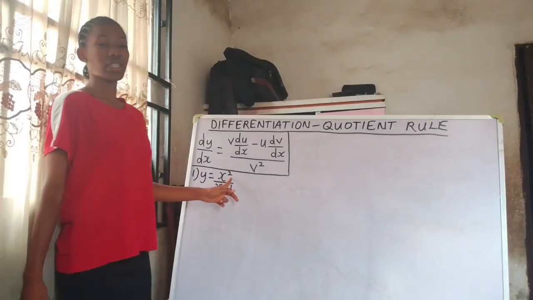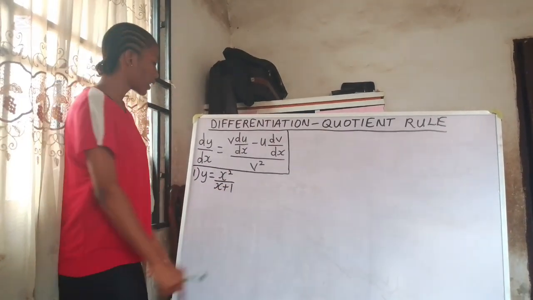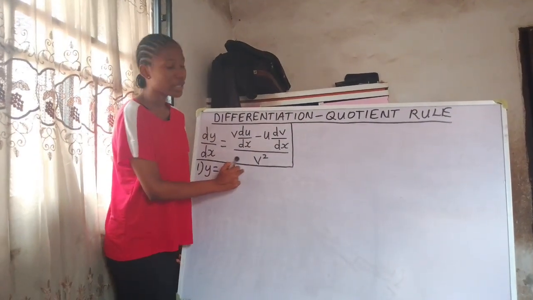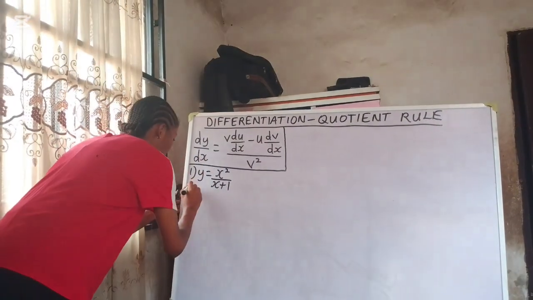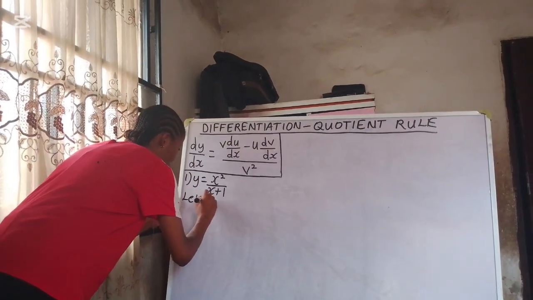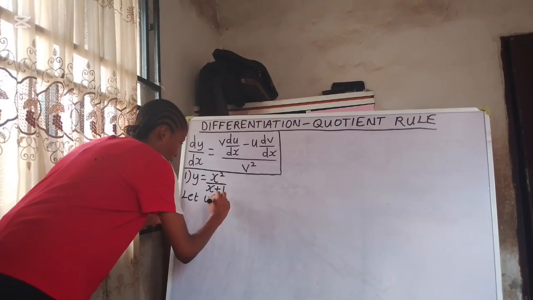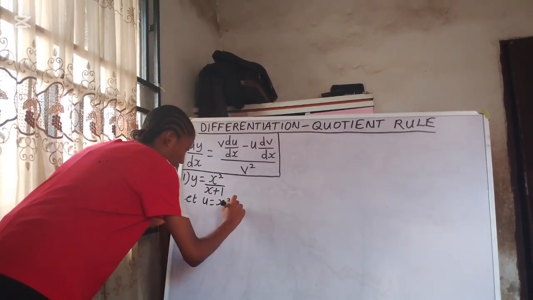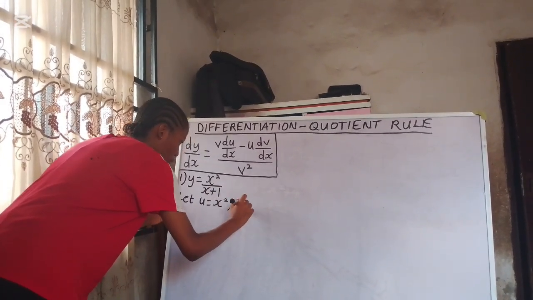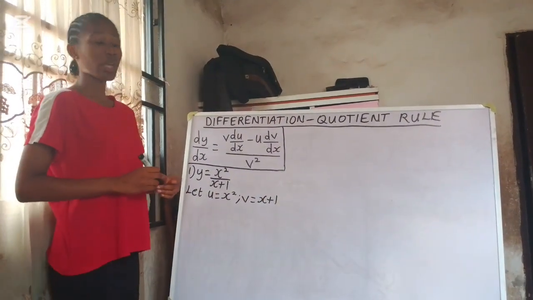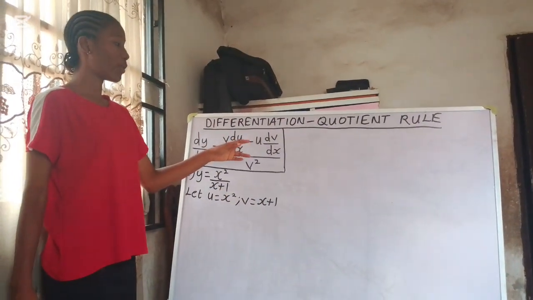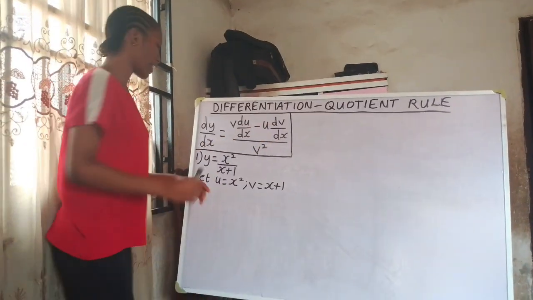You cannot say this is v and this is u. So let u be the numerator, x squared, and v be the denominator, x plus 1. Now we are going to differentiate to get our du by dx and dv by dx.